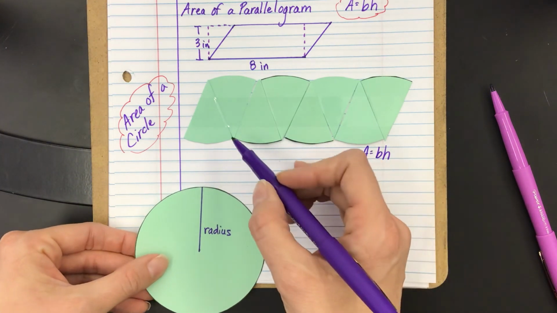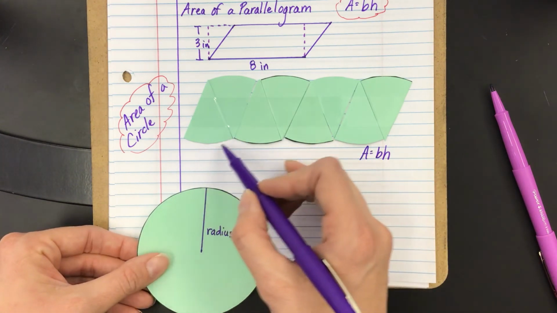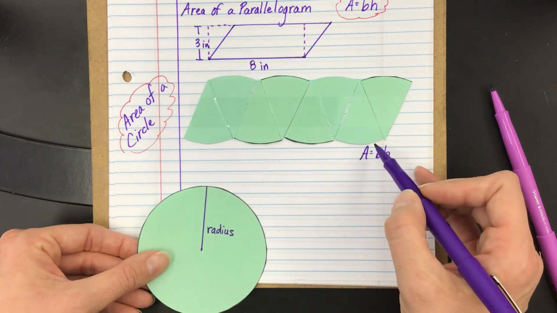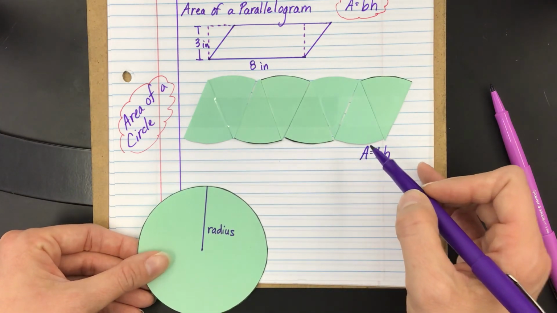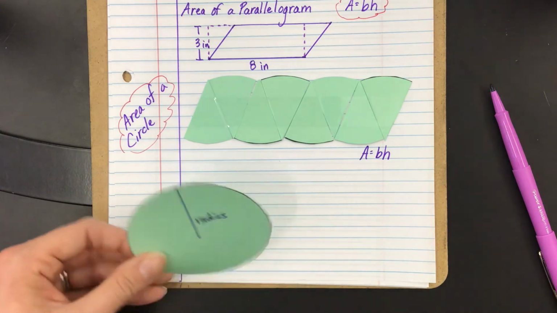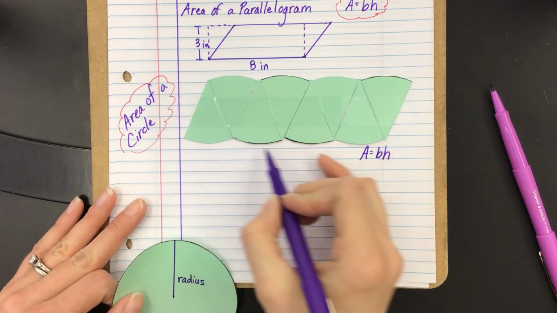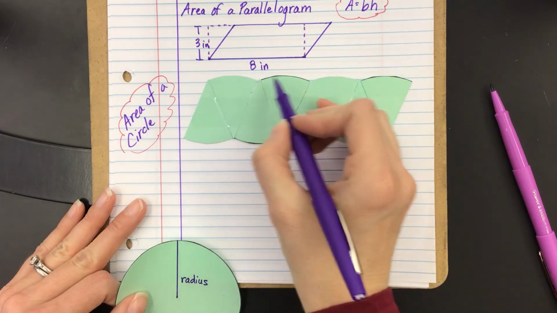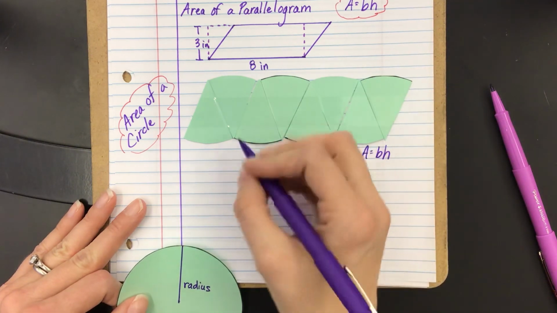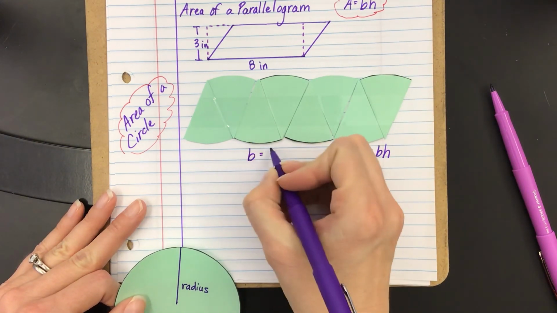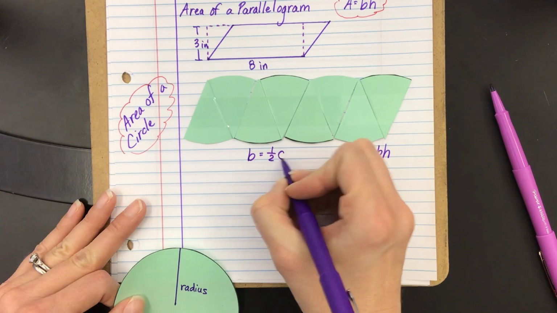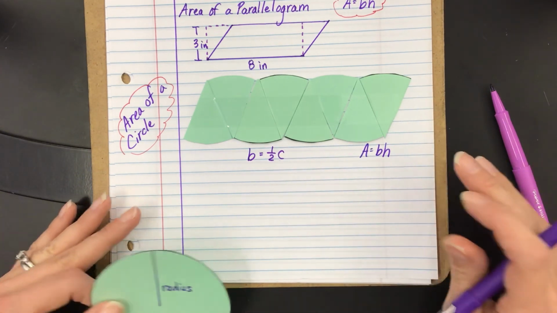This is the outside edge of the circle, right? And what is the length of that? A half of the circumference, good, because you can see half of it here and half of it up here. So the base is going to be a half of the circumference, okay?